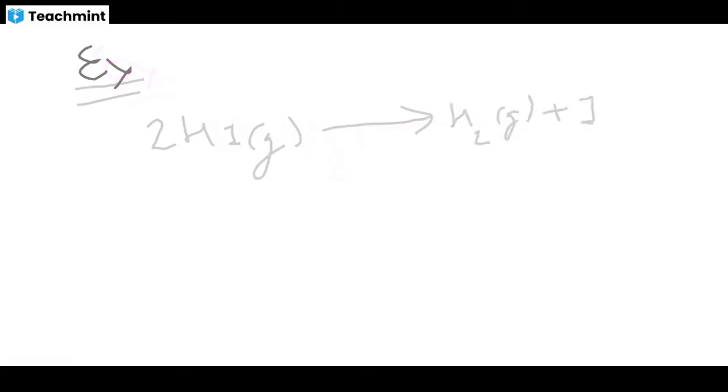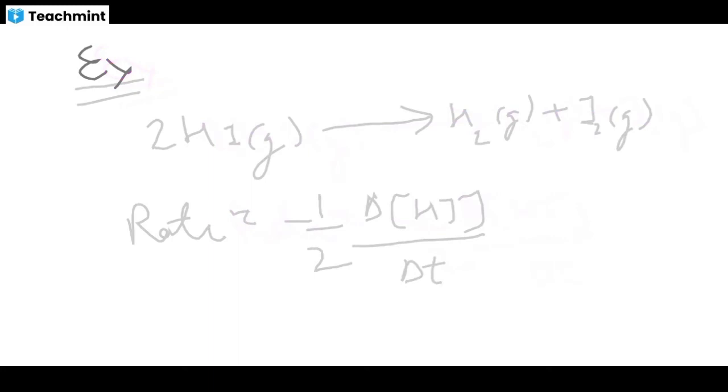Now if you want to write the rate for this reaction, then rate equals minus 1 upon 2 del HI upon del T, and this rate equals plus del of H2 upon del T, and that equals del of I2 upon del T.